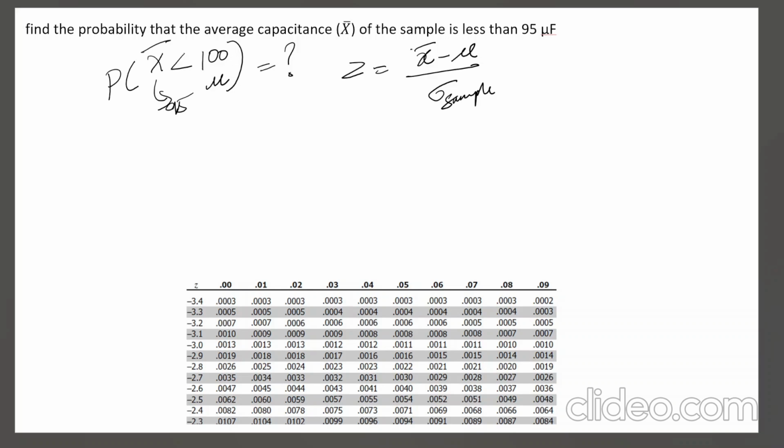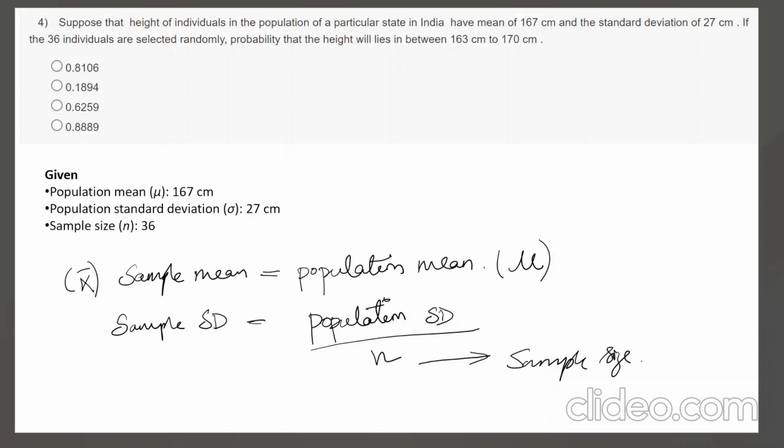Now we have to find the standard normal variate of X bar. X bar is 95 minus 100 divided by the sample value.